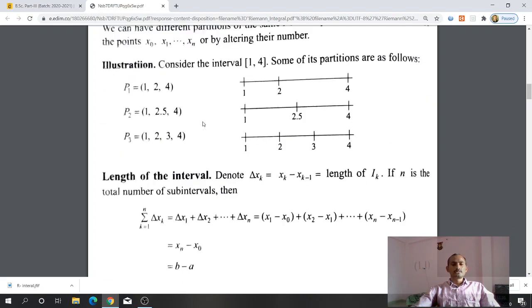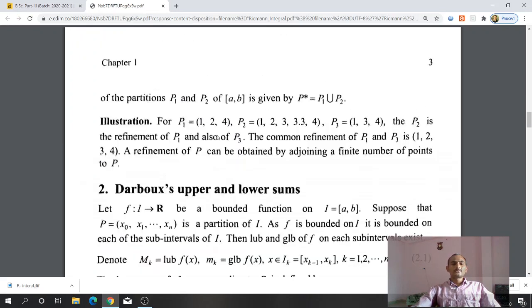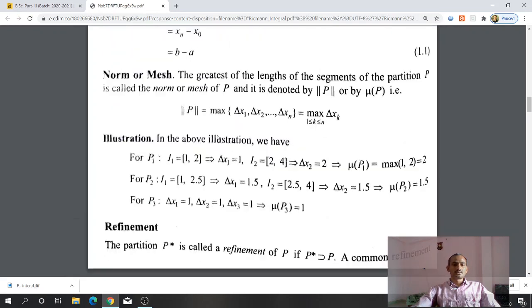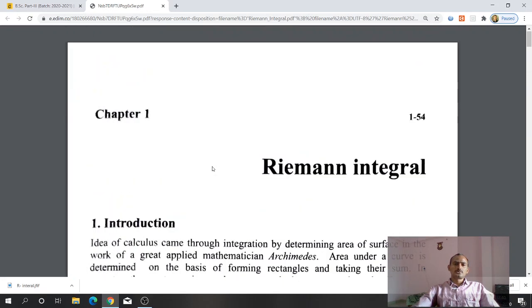Then we will see the length of the intervals, the norm of that partition P, and next we will discuss the refinement of that partition P. So let's start this first class on the Riemann integral.